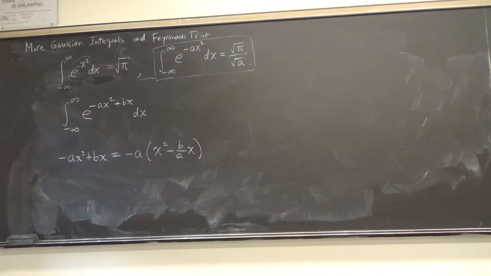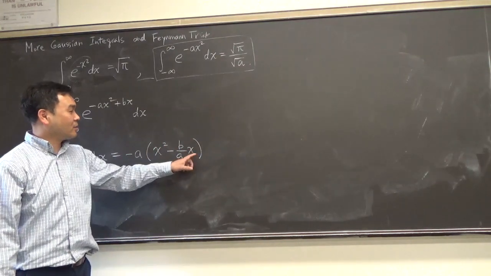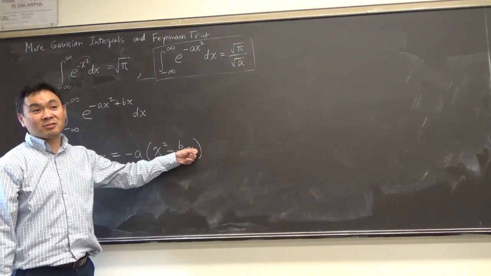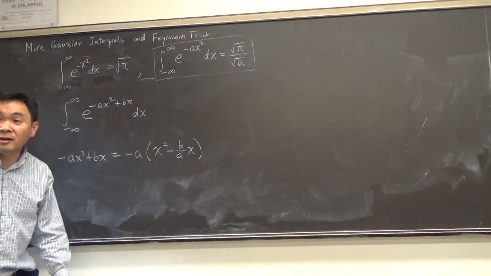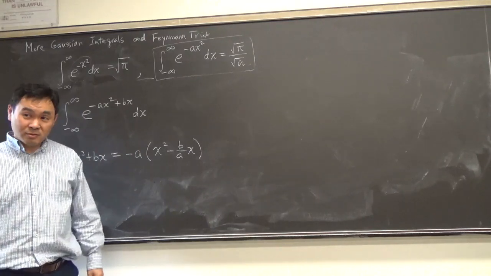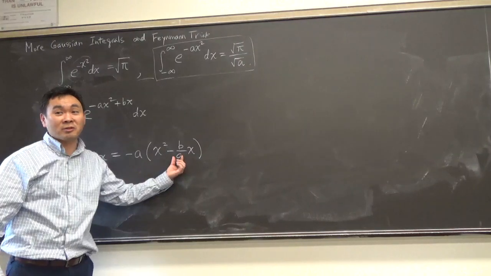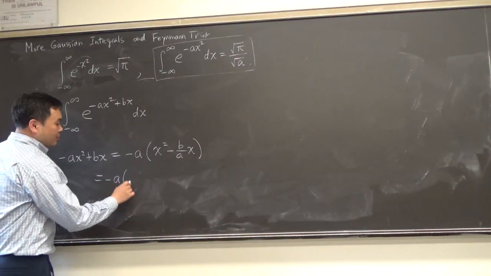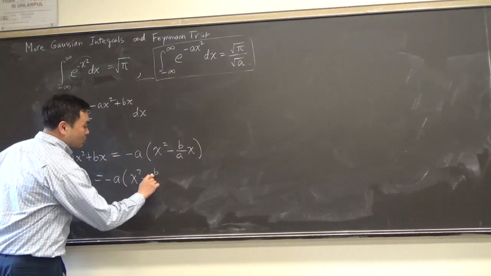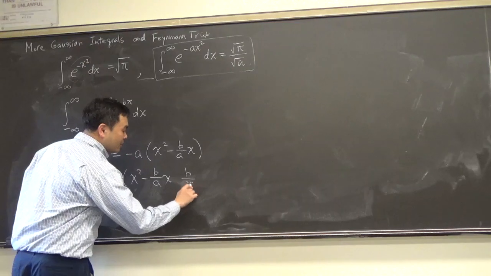Okay. And if you have x squared plus something x, what do you put at the end to make it a perfect square? You take half of the middle term and you square that, right? So negative a times x squared minus b over a x. Taking half of that is b over 2a.